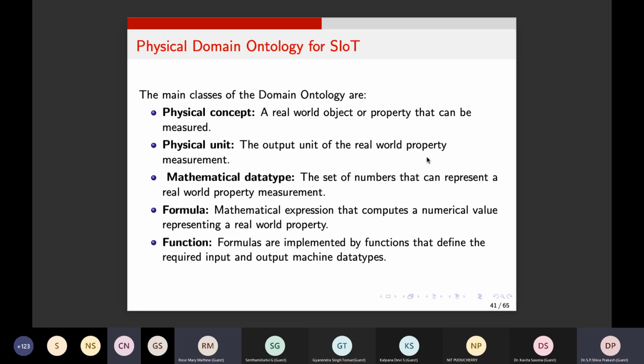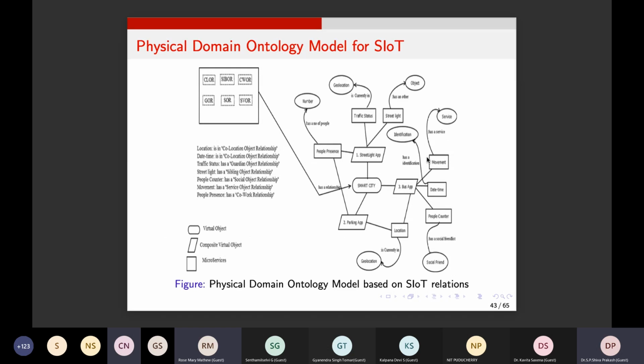Okay, right? Now for a domain ontology, basically it is based on the SIoT relations.